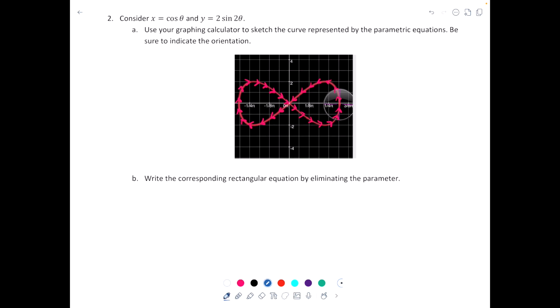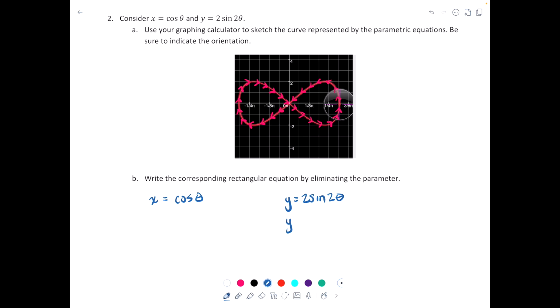And then now we're being asked to write the rectangular equation by eliminating the parameter. So we need to use some trig identities here. One of the equations is x equals cosine theta. The other equation is y equals 2 times sine of 2 theta. So I know that there's a cosine theta in sine of 2 theta because I know my trig identities.